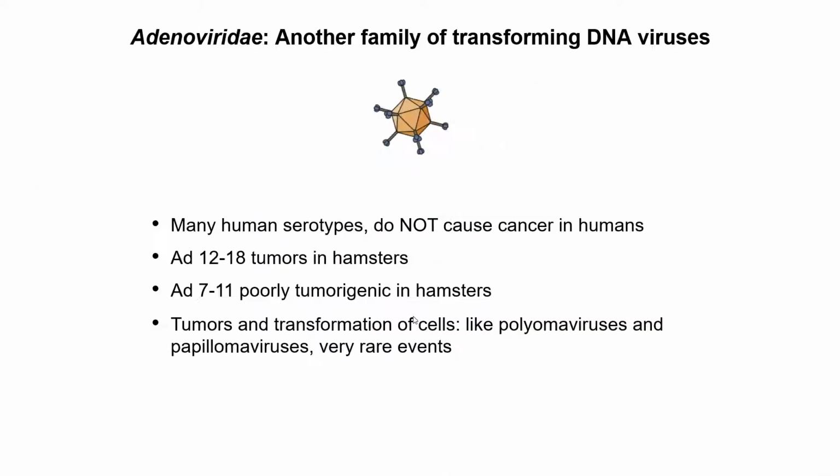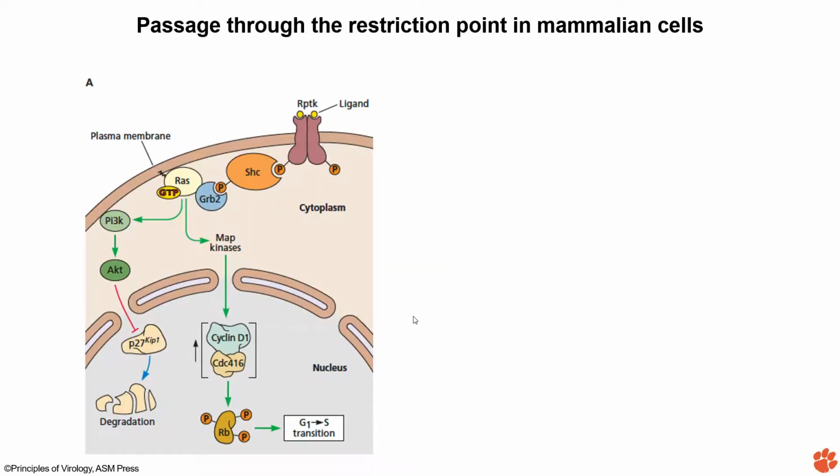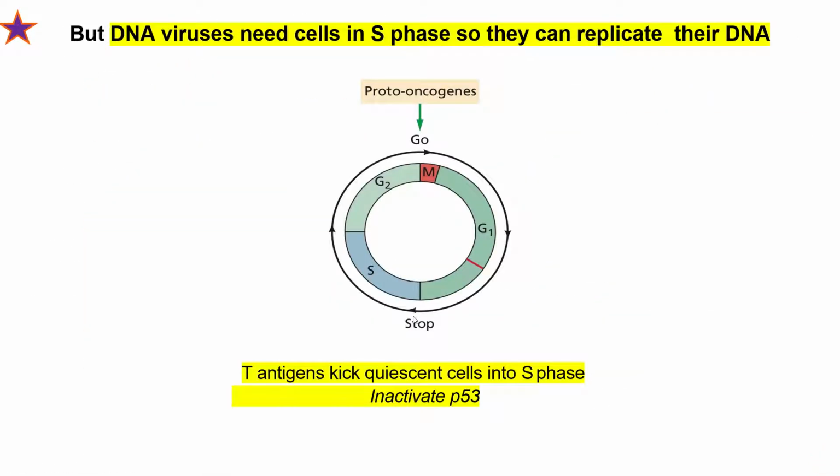Then let's take a look at what we are talking about right here. All right, so just the basic process, as the slide says, of what is the mechanism or the process used by the DNA tumor viruses to transform the cells.